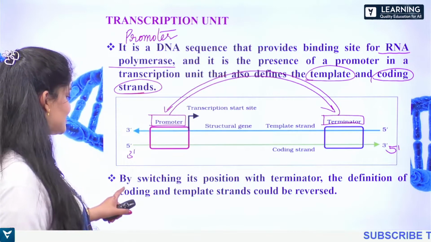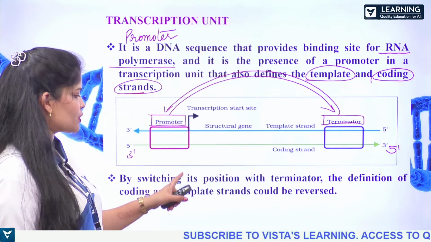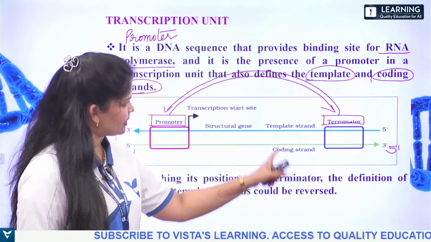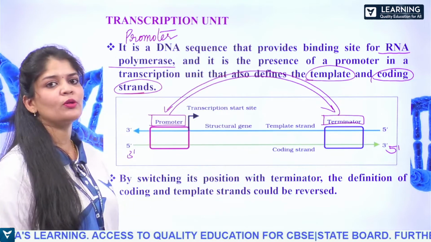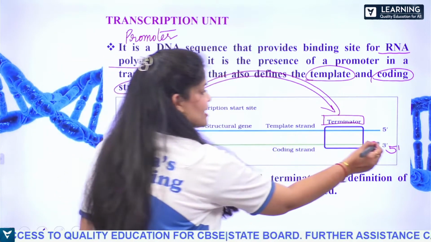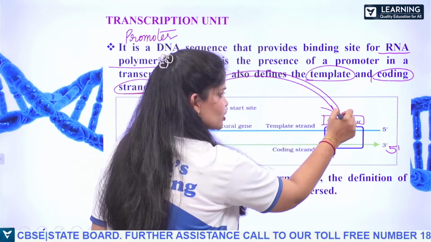That means by switching the promoter position with the terminator, the definition of coding and template strands would be reversed, because the 5' of the coding strand comes towards this side, where the promoter is.